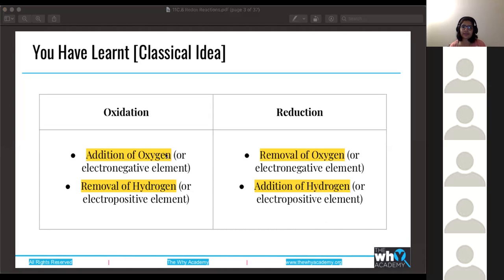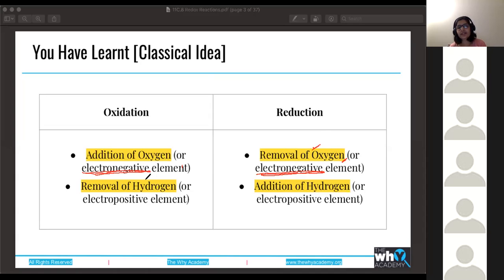So addition of any electronegative element has come to mean oxidation, and removal of any electronegative element has come to mean reduction. It is not necessarily oxygen. If any electronegative element like fluorine or nitrogen is added, it is oxidation, and if it is removed, it is reduction.